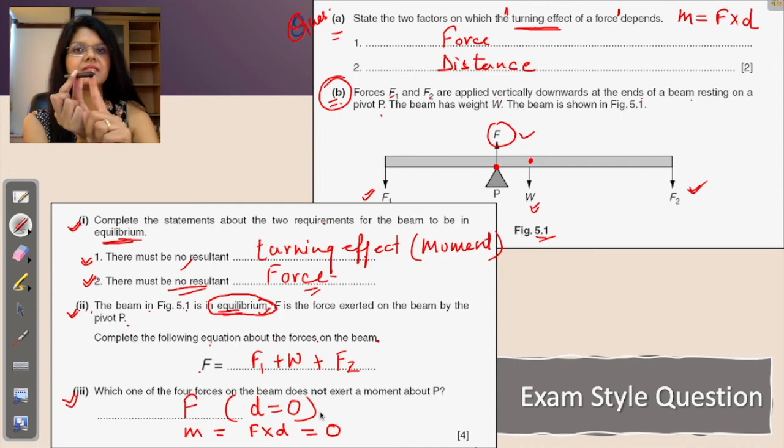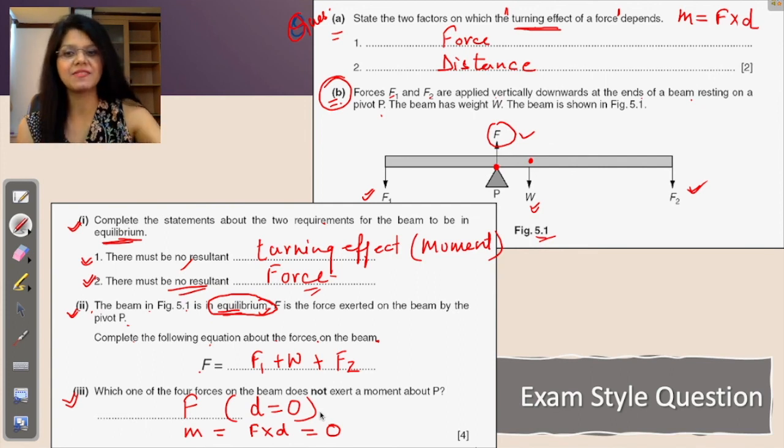This force will turn the pen, right? But this force which is on the pivot will never turn. That's why the moment of a force which is applied at the pivot is 0. So which one of the four forces on the beam does not exert a moment? It is the force F. Why? Because it is applied right at the pivot.